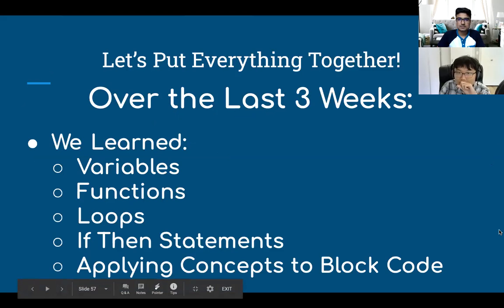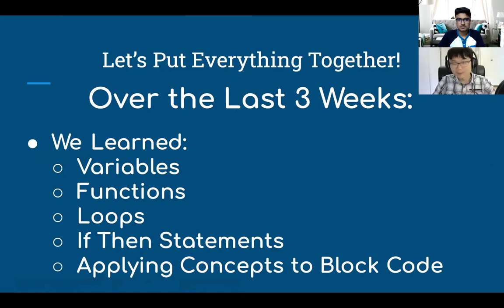All right, so some things that we've done over the last 3 weeks. We've studied variables, which is how you take values and put them into boxes or little storage, naming them essentially in your code. Functions, which are a way of performing tasks with that variable or data, or just generally performing actions.